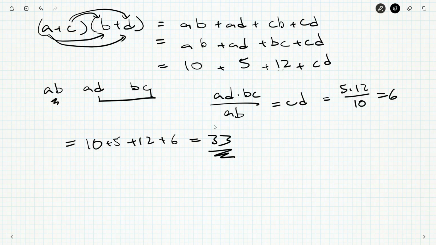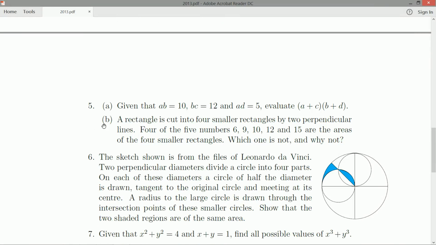All right, so that's 5A done. 5B now. A rectangle is cut into 4 smaller rectangles by 2 perpendicular lines. Okay. 4 of the 5 numbers 6, 9, 10, 12, and 15 are the areas of the 4 smaller rectangles. Which one is not, and why not?